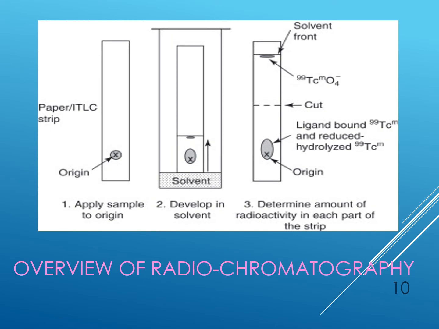We apply the sample to the point noted as the origin point, and then we mark a line above that origin point from where the solvent starts moving, and in this way the solvent starts developing.